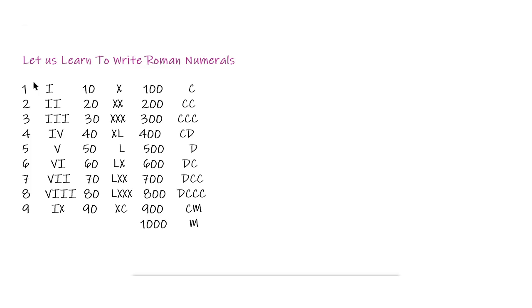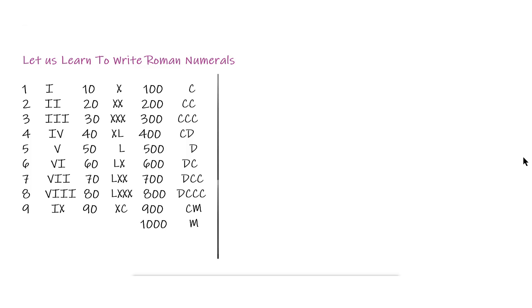Now we have learnt 1 to 10, then 10 to 90, then 100 to 1000. Now we can write all the Roman numerals if we have learnt these basics. Now we will practice writing Roman numerals.